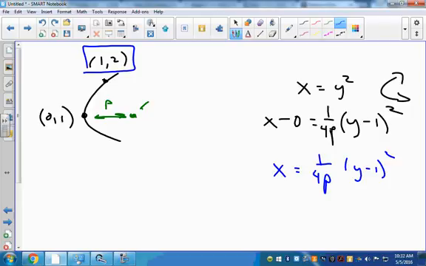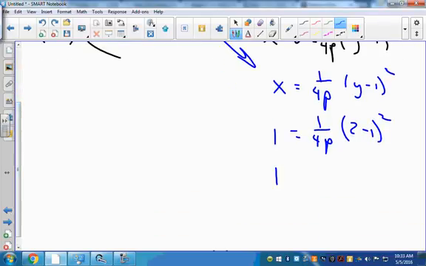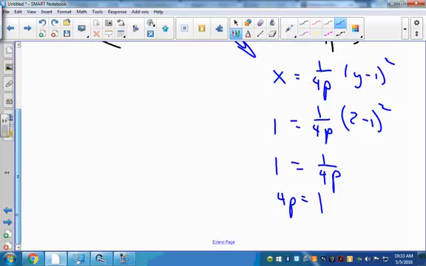Just put that point right in. You get 1 equals 1 over 4p times (2 minus 1) squared. Cleaning that up, 1 is the same as 1 over 4p. So 4p is equal to 1, cross multiplying. So p is equal to 1/4.